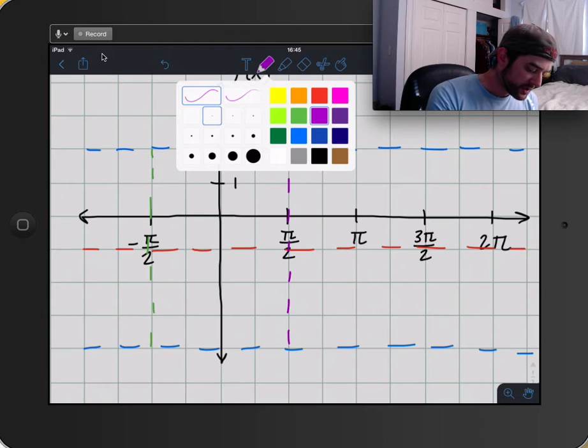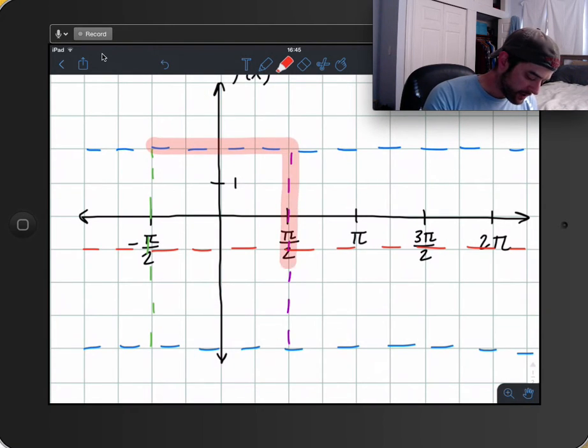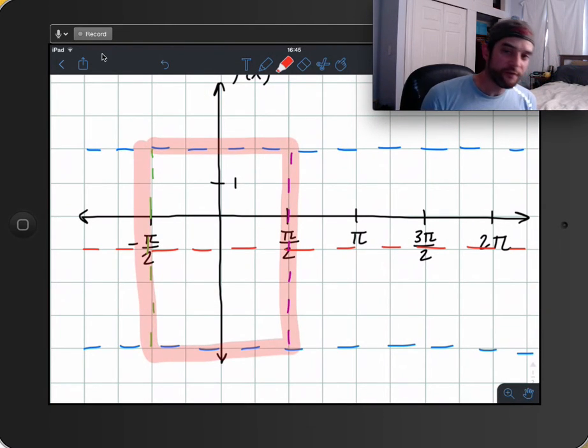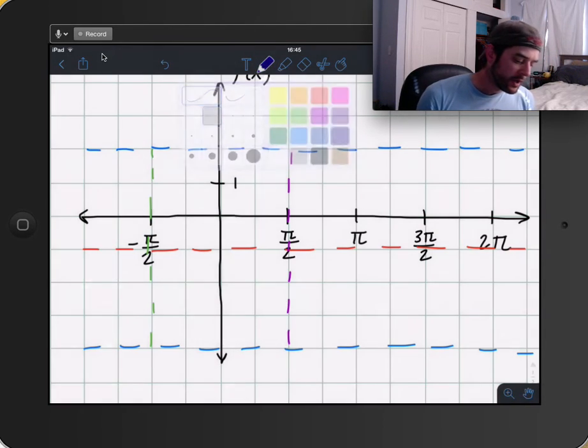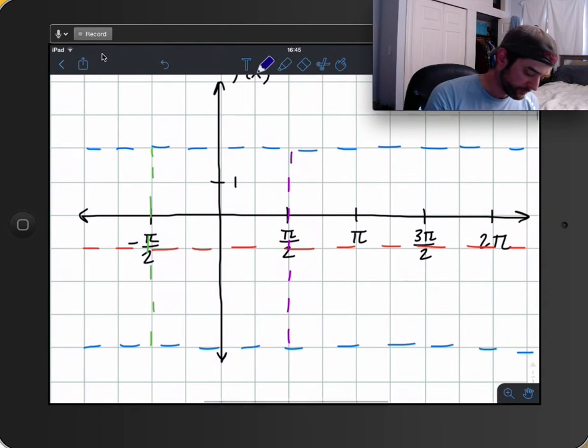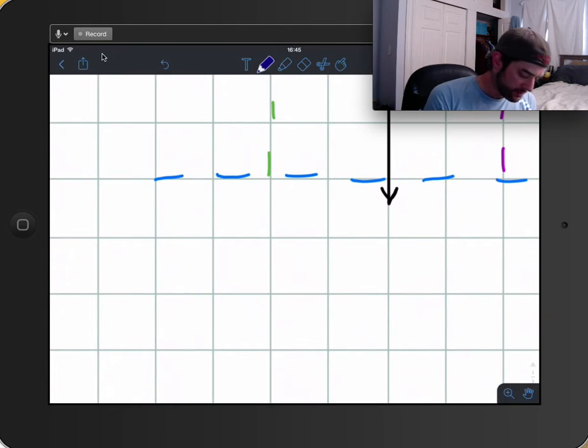So what you'll notice is we've created a box that one period of our function is going to go in. Now the last thing we have to talk about is how sine behaves.